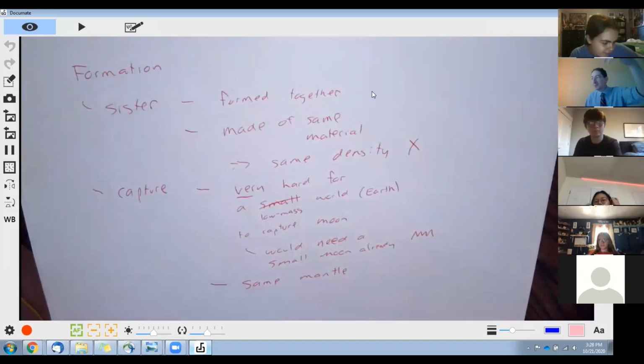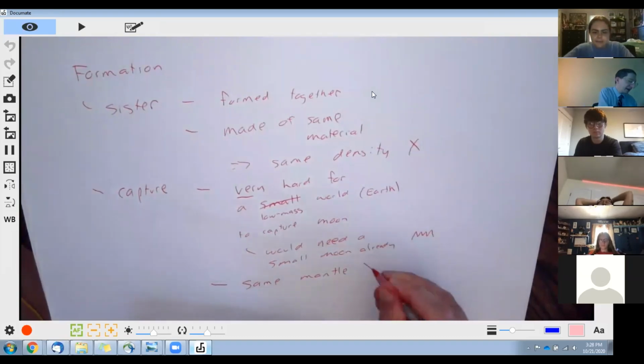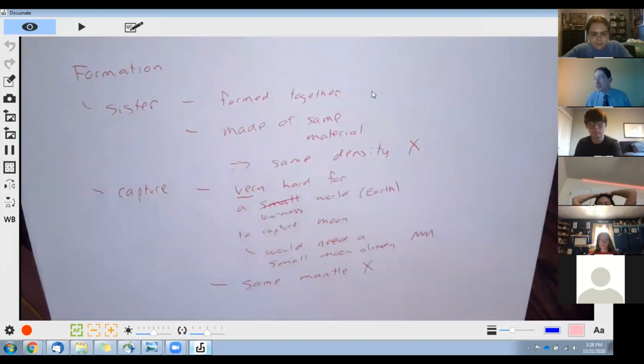And if the moon formed someplace else, we wouldn't have the same mantle. It would have its mantle with its composition and its geology, and we would have a different one. The fact that we have the same mantle says that no, it's not captured. So we have a quandary. It didn't form with us and it didn't form without us. So we got to be a little bit more creative in our thinking here.